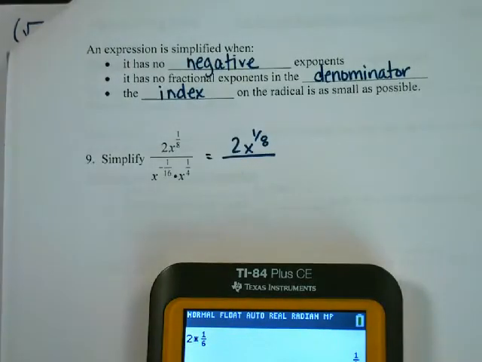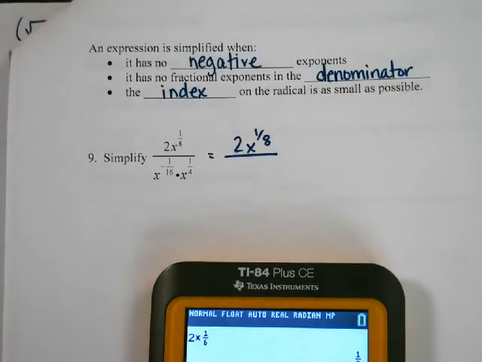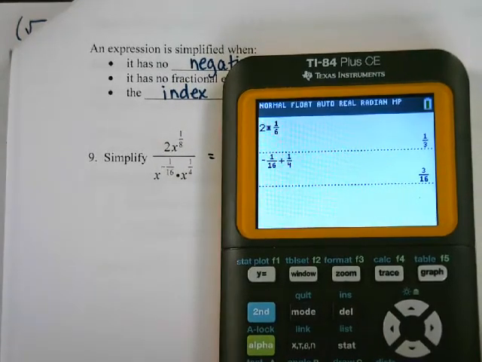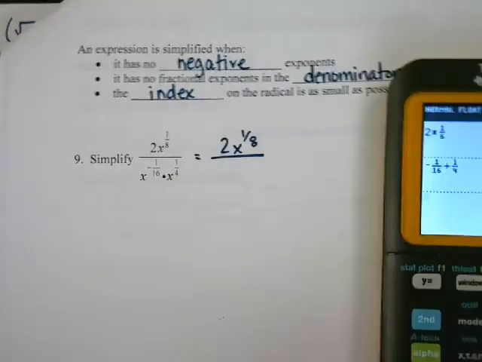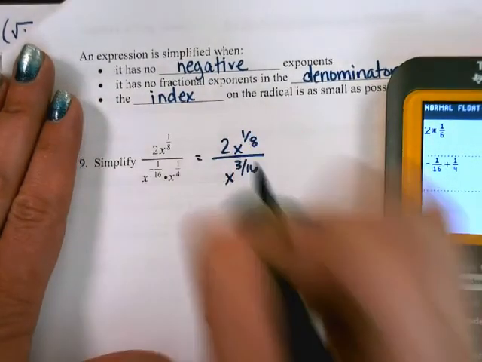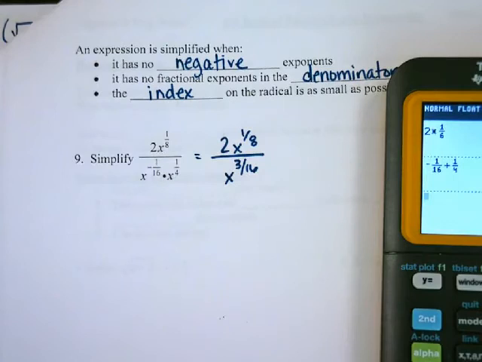I got negative 1/16 plus 1/4. Okay, look, that's handy, right? 3/16. Okay, let's do that. That's a little bit better, right?